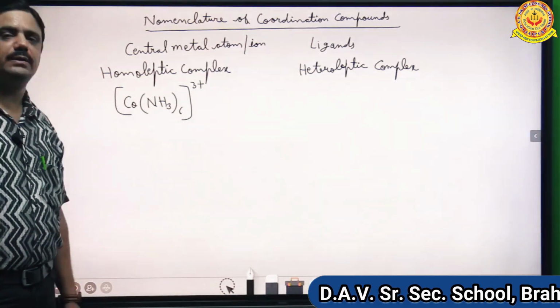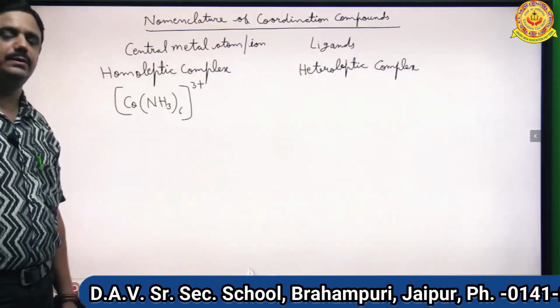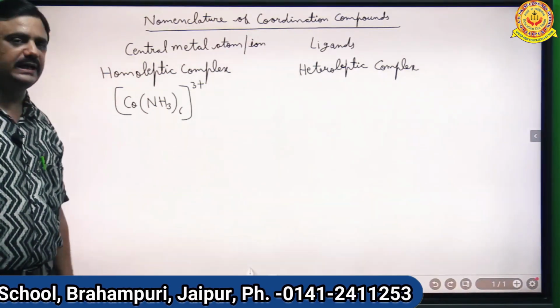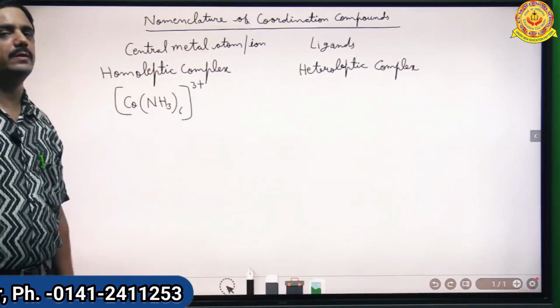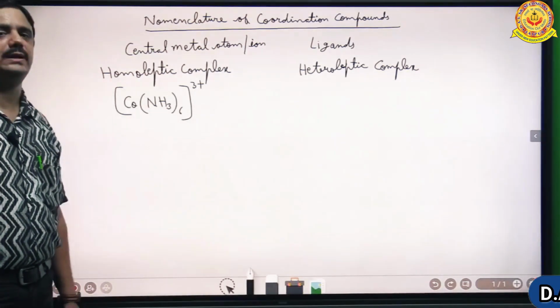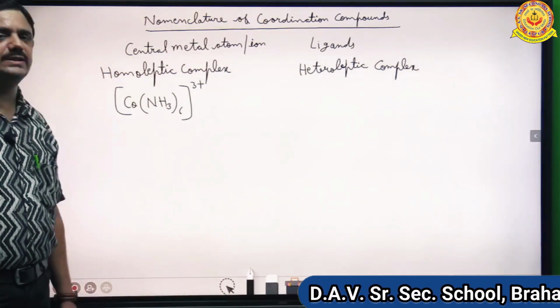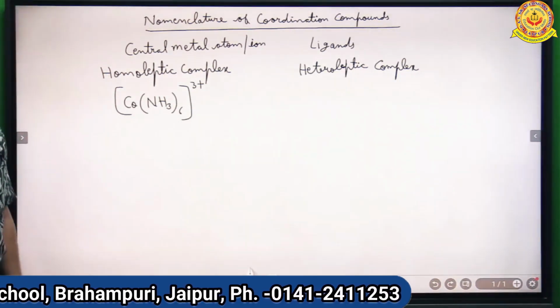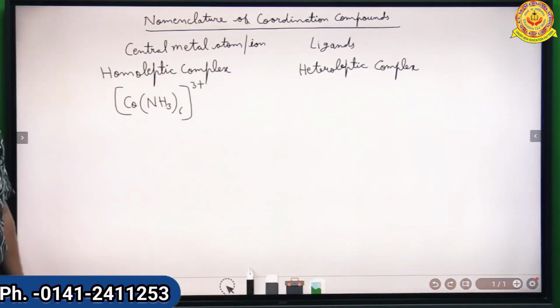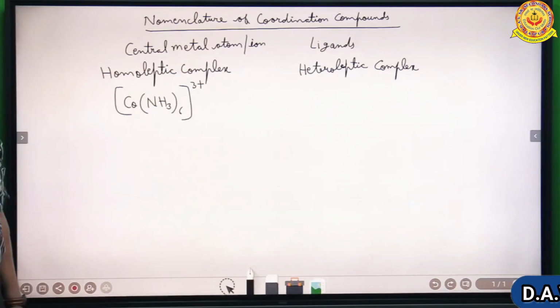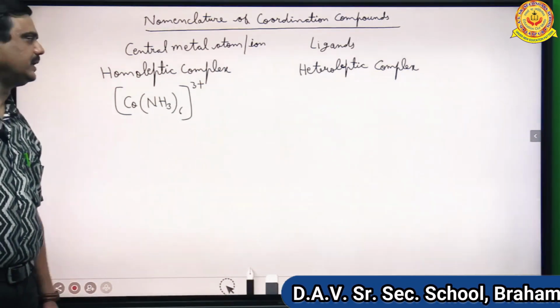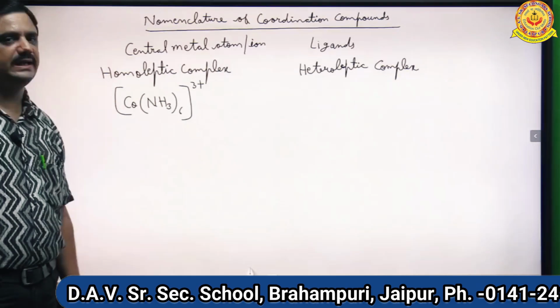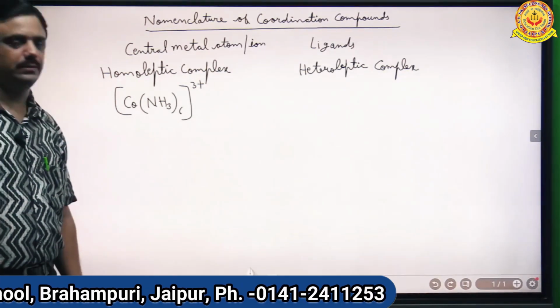If it has negative charge over it, then it is called negative complex. Some complexes do not have any charge, means their overall charge is zero, then they are called neutral complexes. Three types of complexes are there on the basis of charge: positive, negative and neutral.